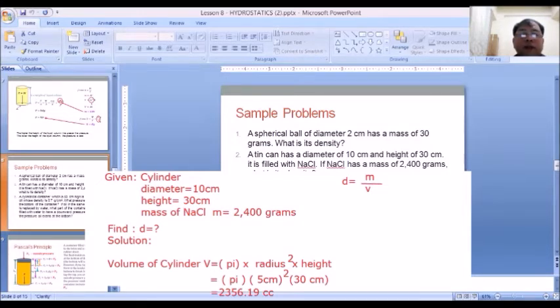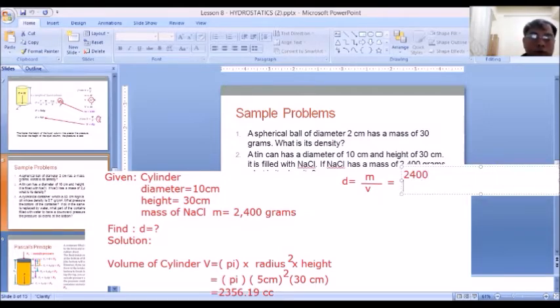So we have 2,400, then we divide that by 2,356.19. This is in cc, while our numerator is in grams.